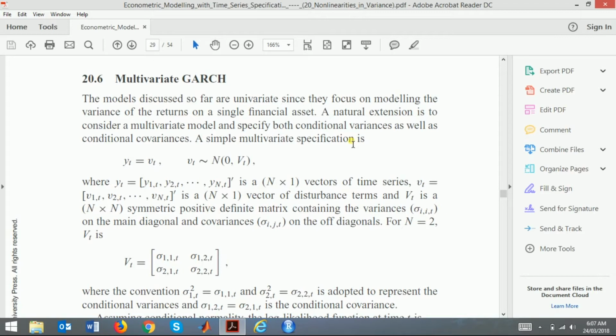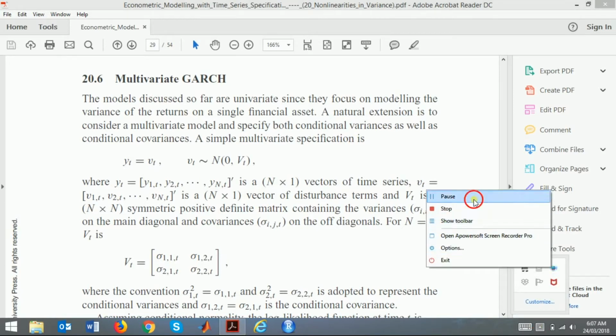Multivariate GARCH models. The models discussed so far are univariate, since they focus on modeling the variance of the returns on a single financial asset.